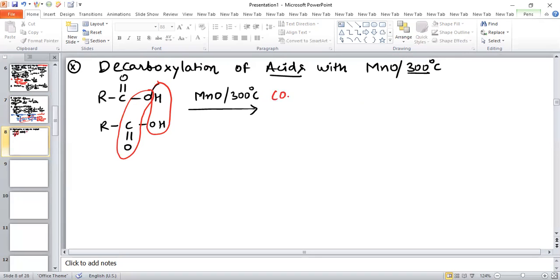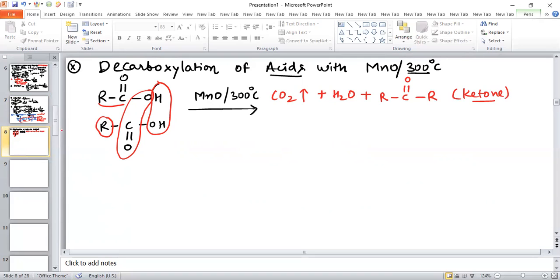So in the first step, CO2 is removed and also water is removed. This RCO combines with this R, so it will form R, C double bond O, and R. So a ketone is obtained as the product in this case.